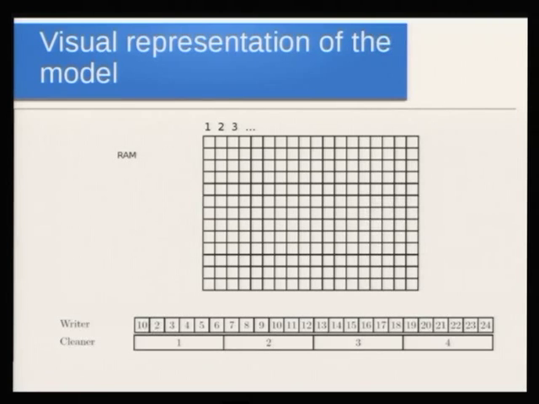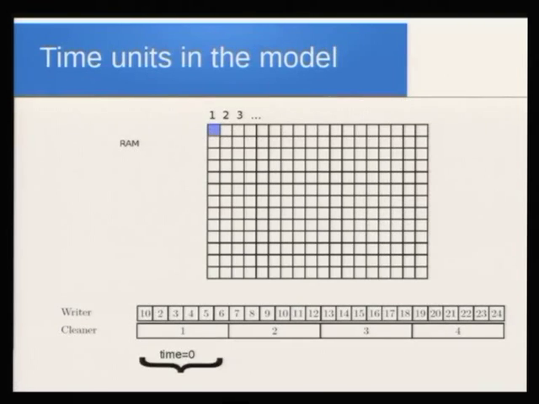Here is a visual representation of the model. On the top, these squares represent memory, and you start counting from 1, 2, and so on. Then here you have writer, the sequence of pages that the CPU is writing to, and cleaner, the pages which the migration stream is sending to the destination. Then we divide time in slices. For example, here we have the slice for time 0, and writer is able to write 1, 2, 3, 4, 5, 6.